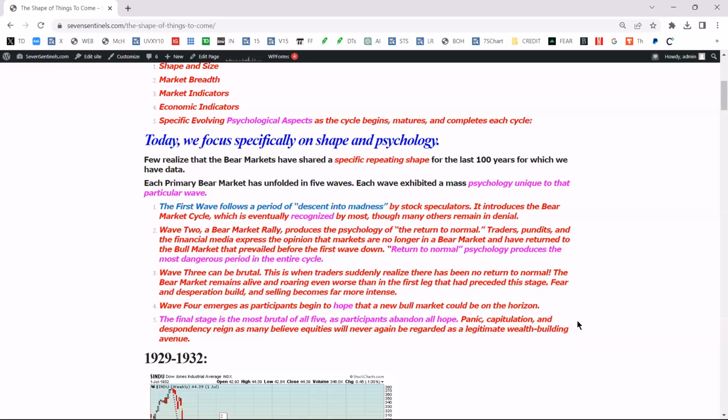And that's what was most interesting, because wave two is the most dangerous part of a bear market. It's what I call, or what many have called, the return to normal psychology, where everybody thinks, oh, it's fine. This isn't a bear market. We're back right on cue with where we've been all along. We're back in the bull market.